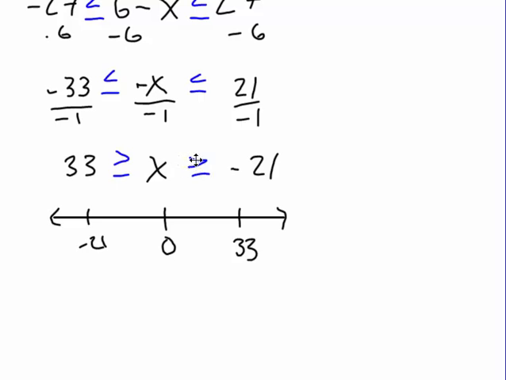And now x is greater than or equal to negative 21, so it's going to be a closed circle, shading to the right. I'm just going to do a little bit of shading for right now because I want to see what happens with 33. So when I compare x to 33, x is less than or equal to 33, so we're going to have a closed circle because of the or equal to. And then we shade to the left because it is less than positive 33.